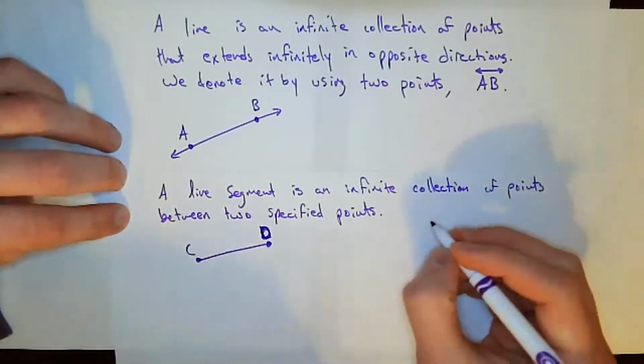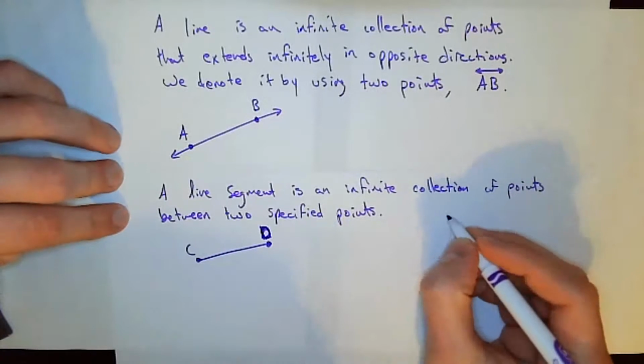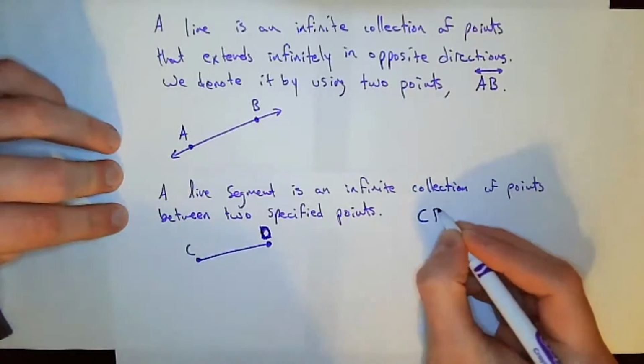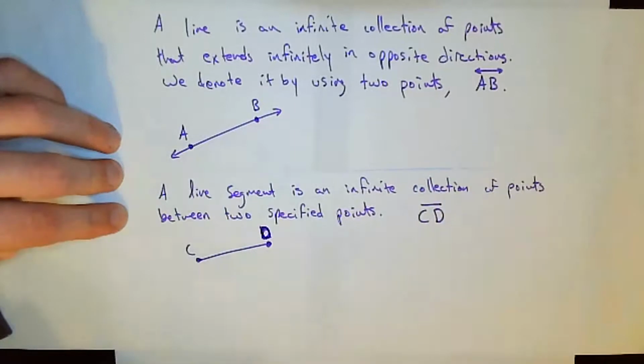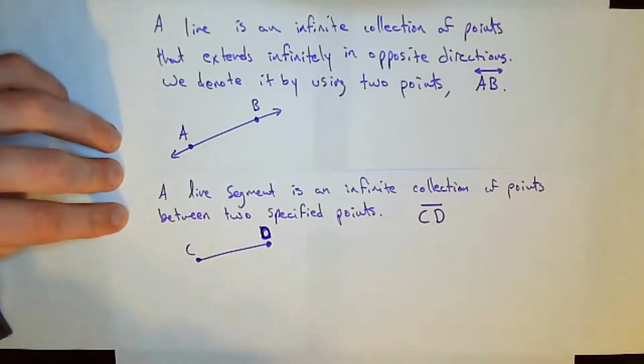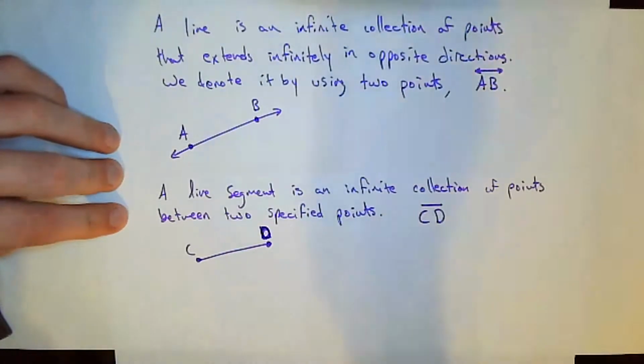You don't need to be too worried about that. We're going to denote it similarly to how we denote lines. So we'll write the letters together, CD, and we'll just put a bar above them with no arrow on either side, to show that it doesn't extend infinitely in either direction.